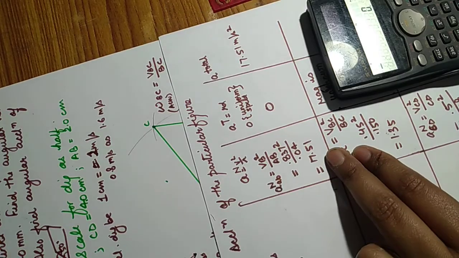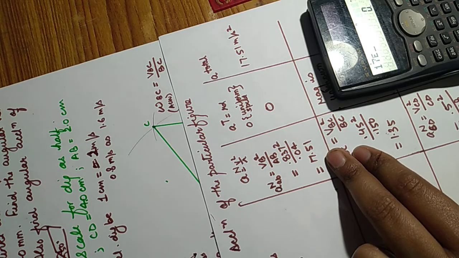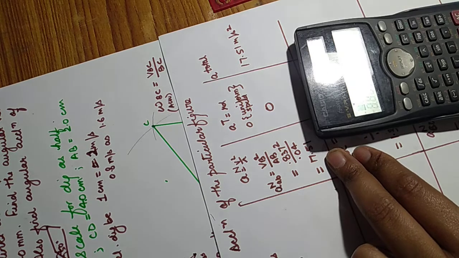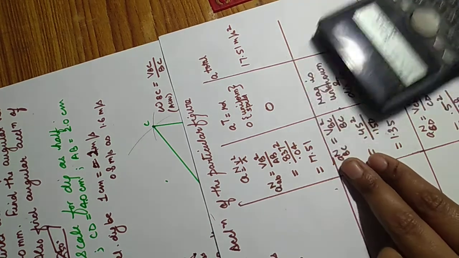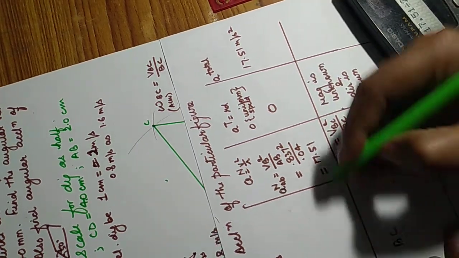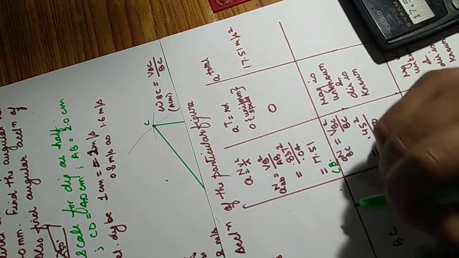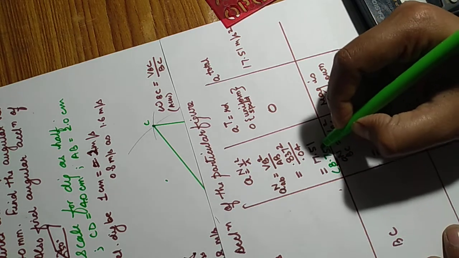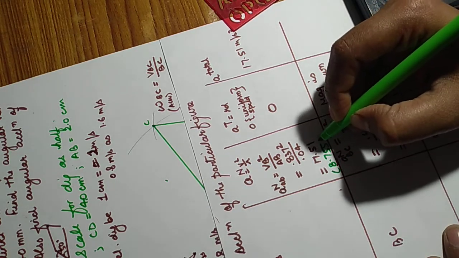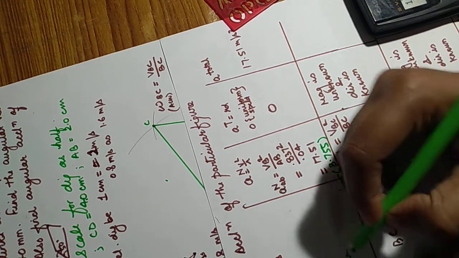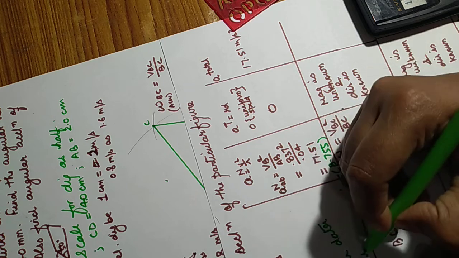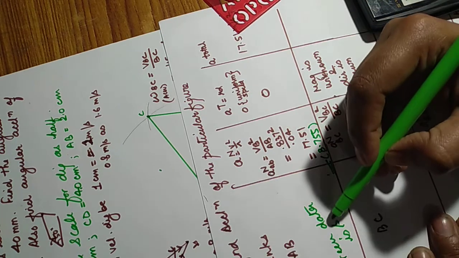So that means 17.51 will be taken as 8.75. Let me write it for you. Scale dimension 8.755. This green data is scaled.